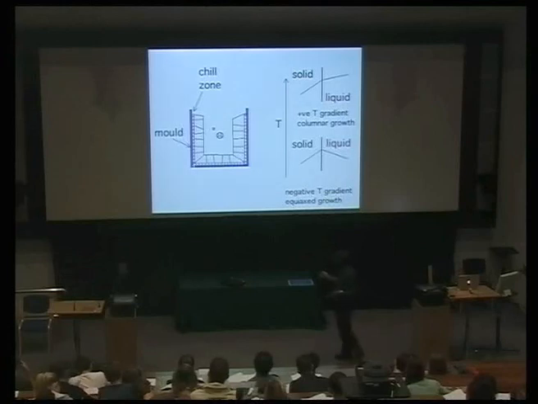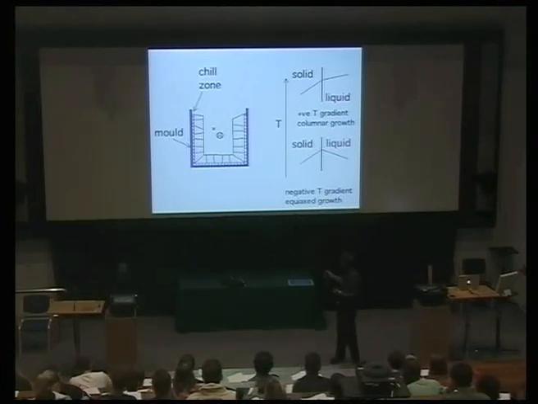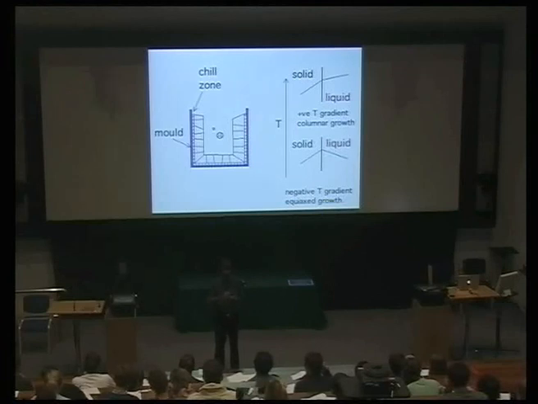Now, the reason why the grains are finer here is as soon as you pour the liquid in, the mold is quite cold. And therefore, there is a large undercooling, and you get lots and lots of grains forming. Okay? Now, once they have formed, there are certain grains which can grow faster than others because there is an easy growth direction. So for example, in cubic materials with the cubic lattice, the growth rate is fastest along 100 directions.